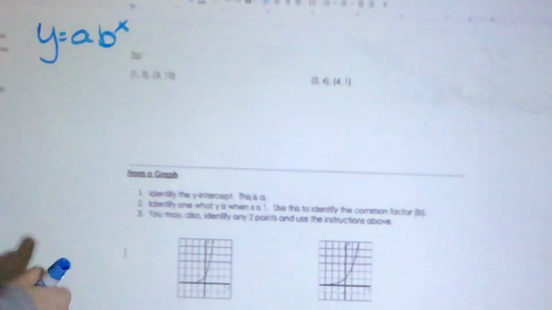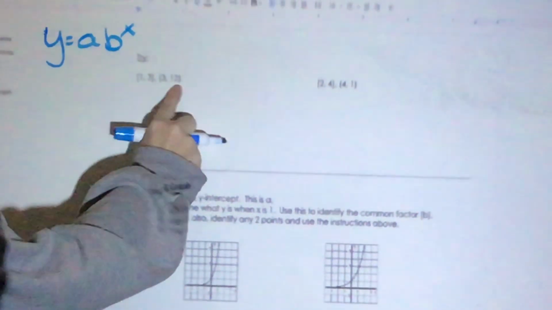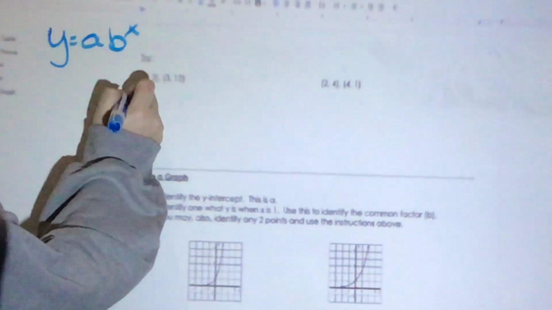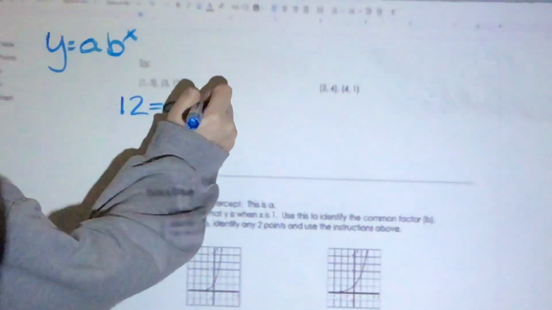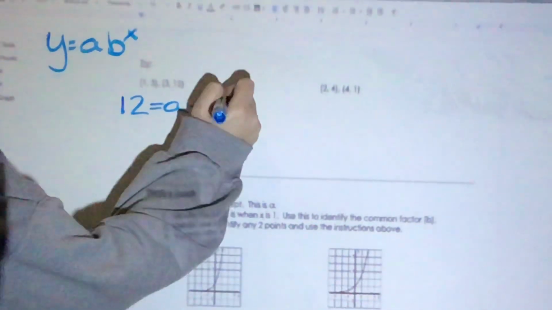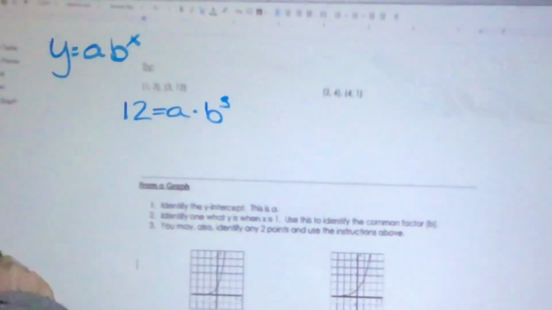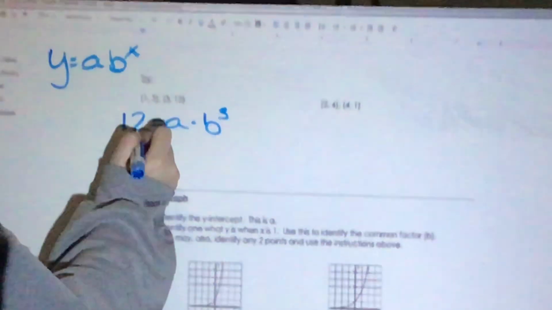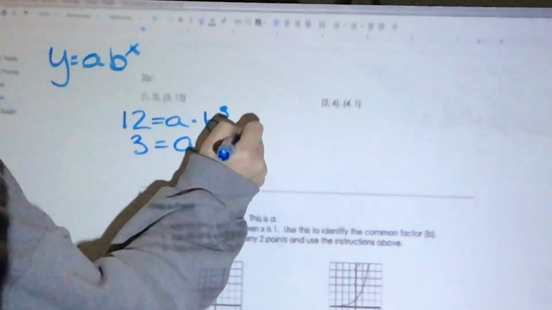And I'm always going to start with the largest x because I want my largest exponent to be written first. So I'm going to start with this point. I'm going to put 12 in for y, and that has to equal a times b to the 3rd power. Now I'm going to substitute in the other set of points. So 3 has to equal a times b to the 1st power.